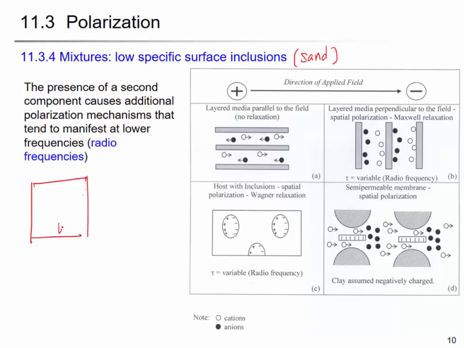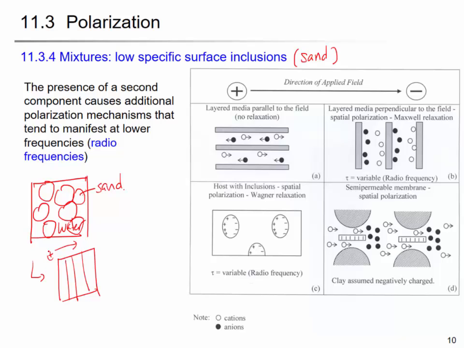Sorry, you have the water, and you have the soil, the sand particle, like this. And when you model, when you want to find out the effective permittivity of this mixture material, so you have two components inside, water and the sand particle, then you can make it into layered media, like this.